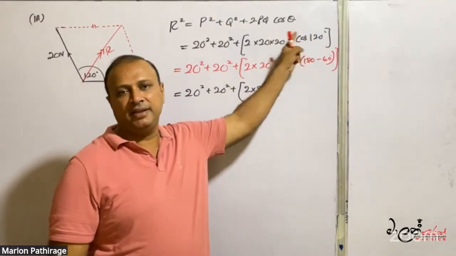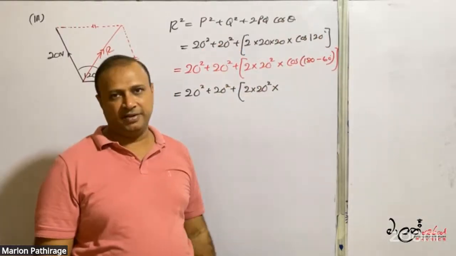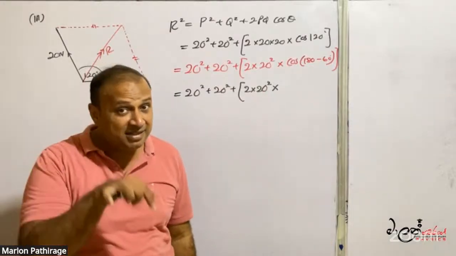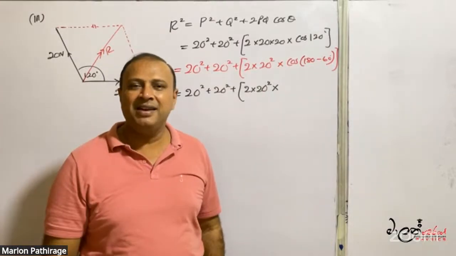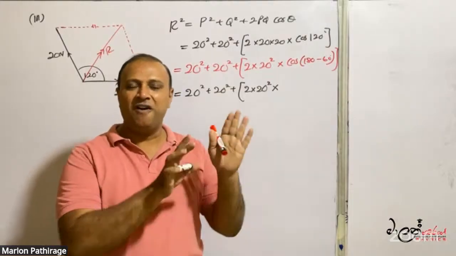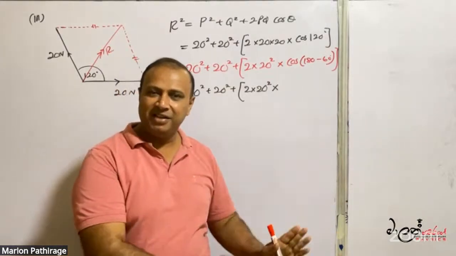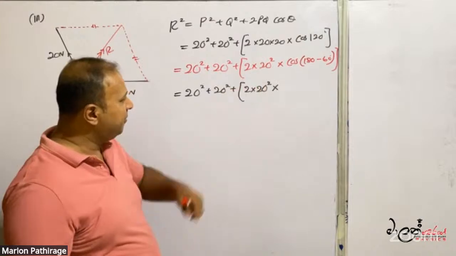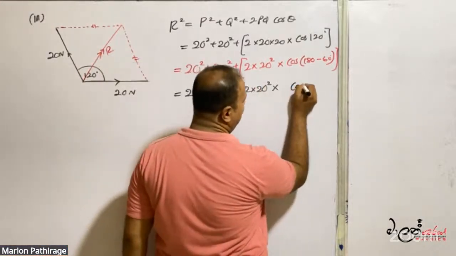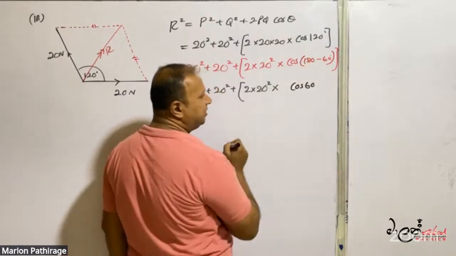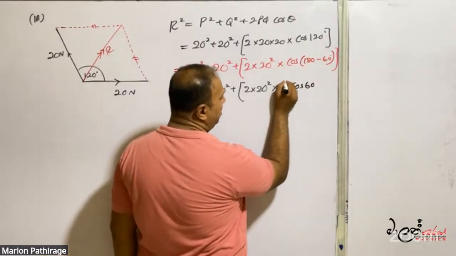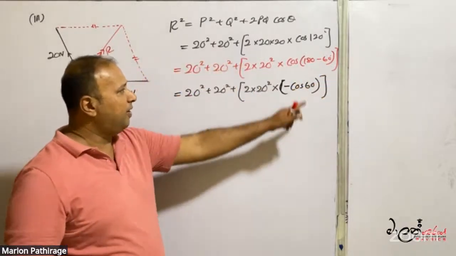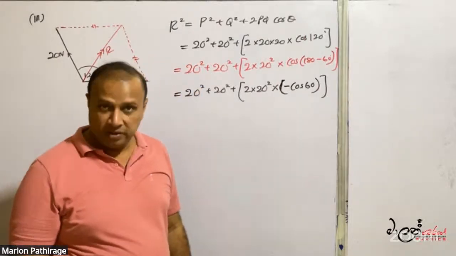When the angle is in the third quadrant, only the tan values are positive, and all the other ratios are negative. And therefore, here the answer is cos 60, but it should be minus cos 60 because 120 belongs to the second quadrant.